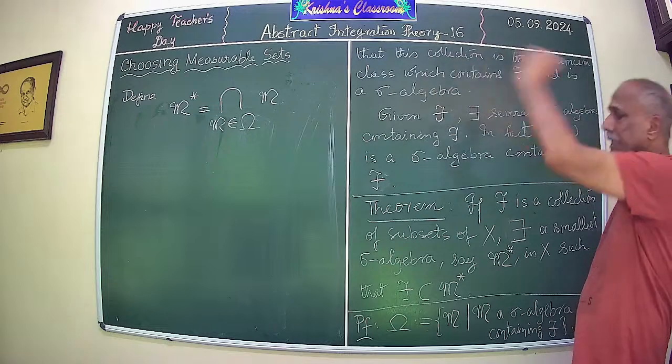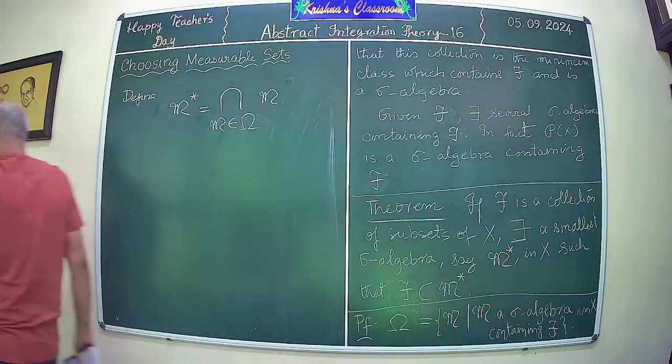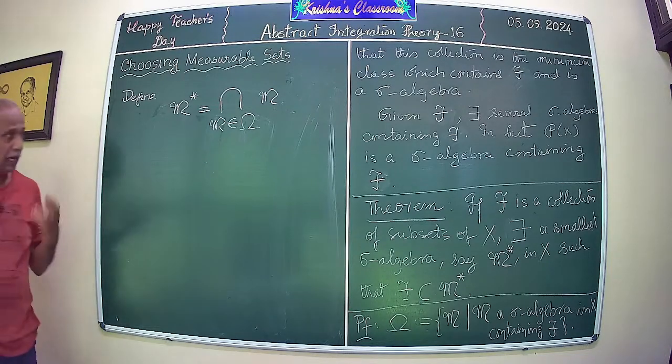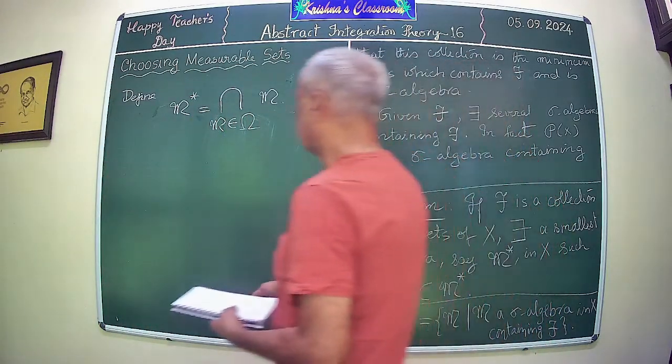That means we are picking the common subsets of all these sigma algebras and putting them together and calling that M star. That is our definition.